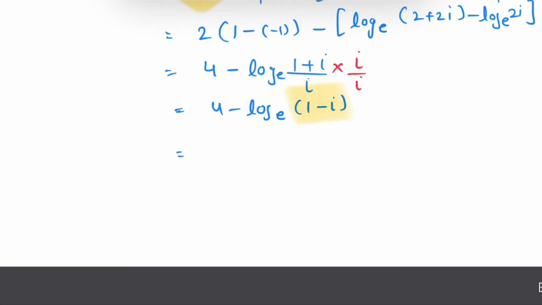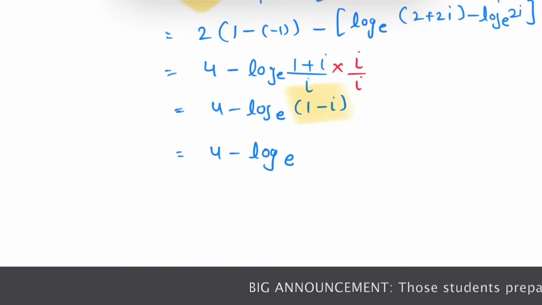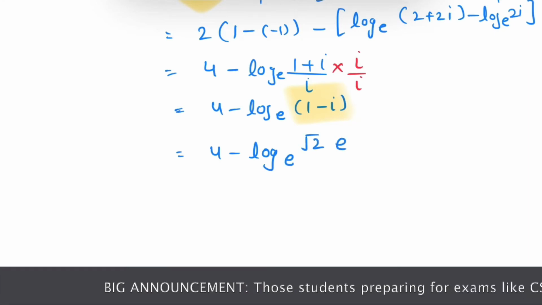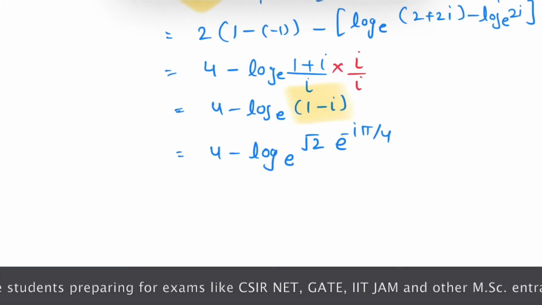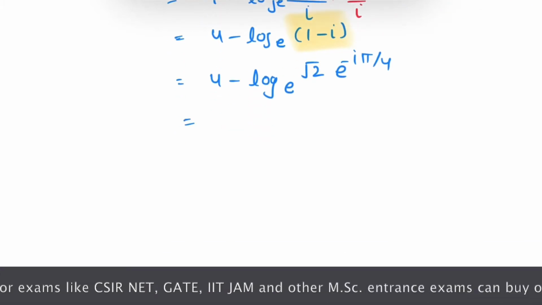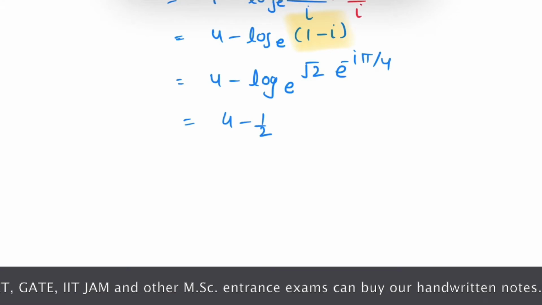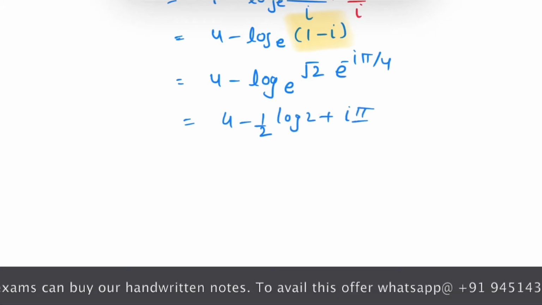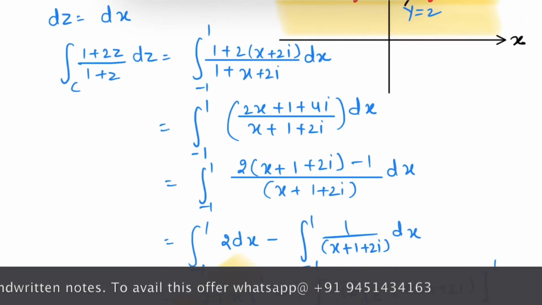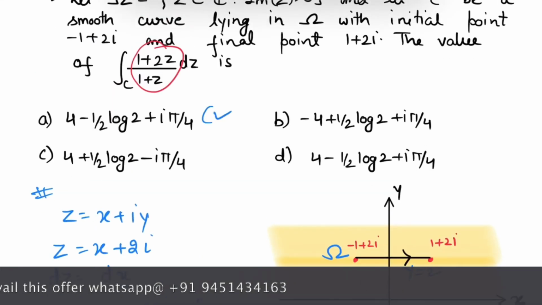We'll have 4 minus log e of (root 2 e raised to the power minus i pi by 4). After simplification we will get 4 minus half log 2 plus iota pi by 4. So you can see option A is correct.